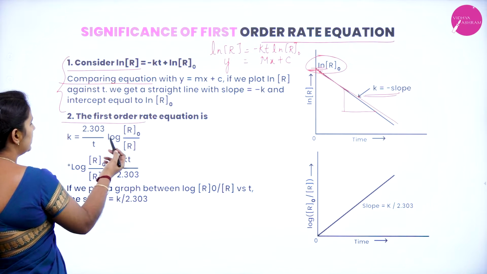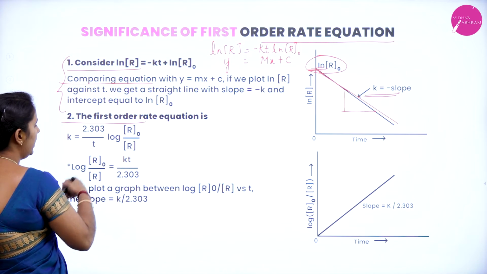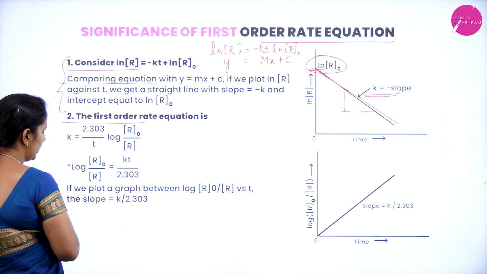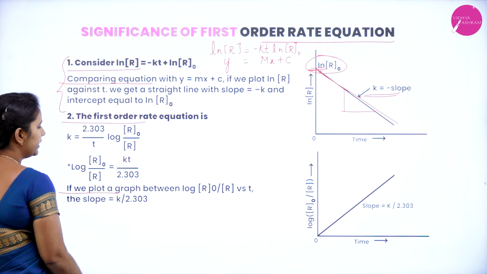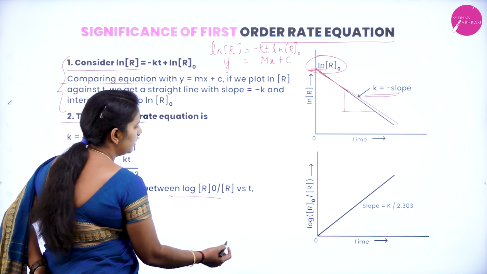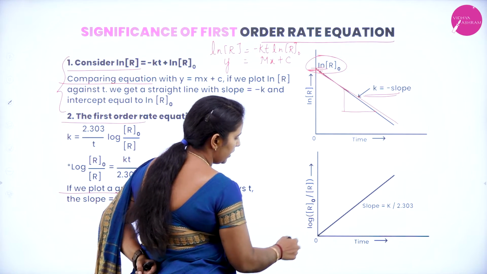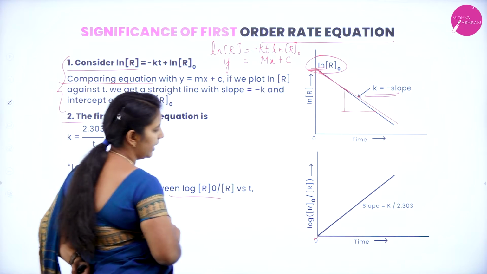Now I have taken out log of R naught divided by R, which is equal to k into t divided by 2.303. Now if we plot the graph of log of R naught divided by R versus time, you will get a straight line like this.